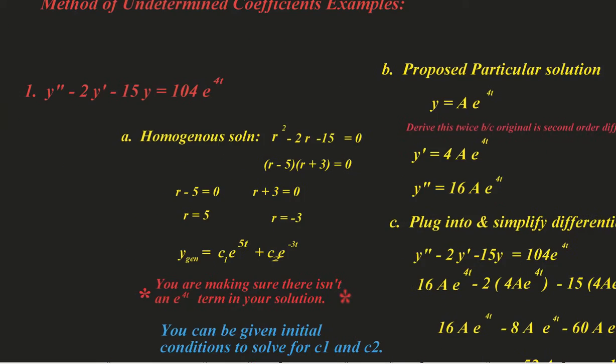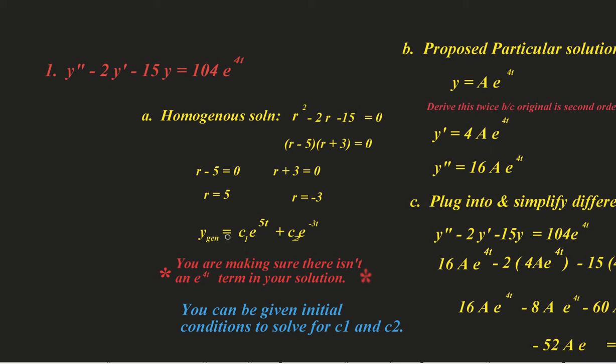So, recap the steps again: find the homogeneous solution, make sure there's no repeats, and then propose a particular solution based on your f of t.